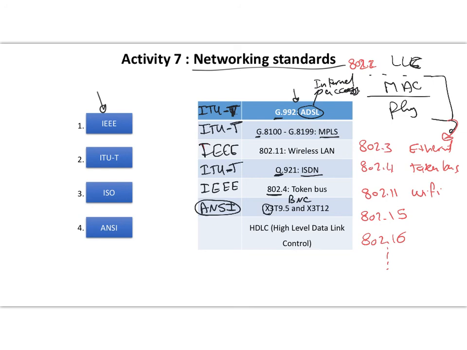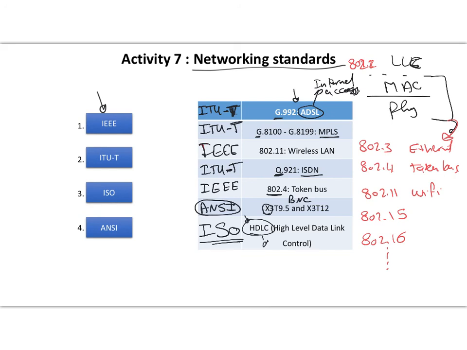And of course, the remaining one is ISO, which is responsible for standardizing the network access layer, but for WANs, not for LANs, for wide area networks, particularly for point to point links like HDLC.